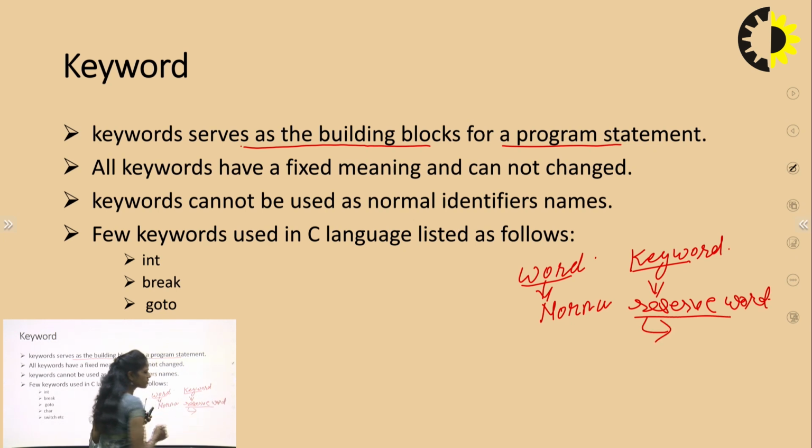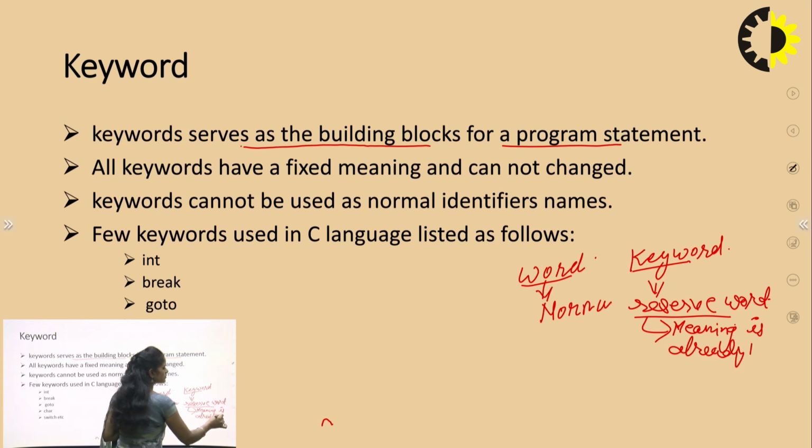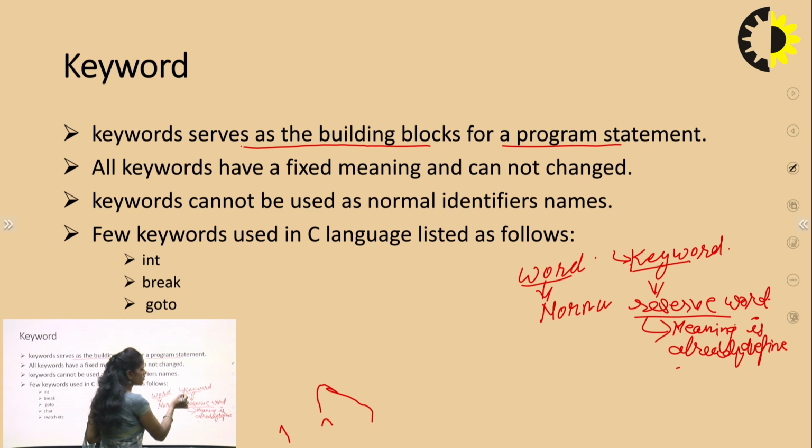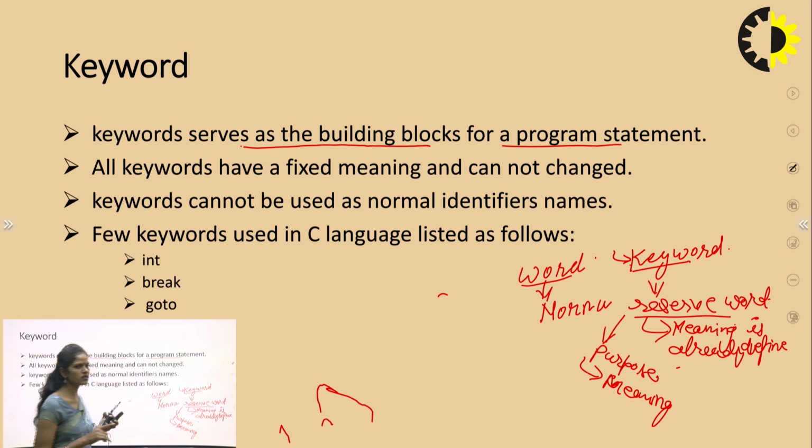What is the meaning of reserved words? Their actual meaning is already defined by the system programmer who designed C, so we cannot change the purpose or the meaning of these words. That is known as a keyword.